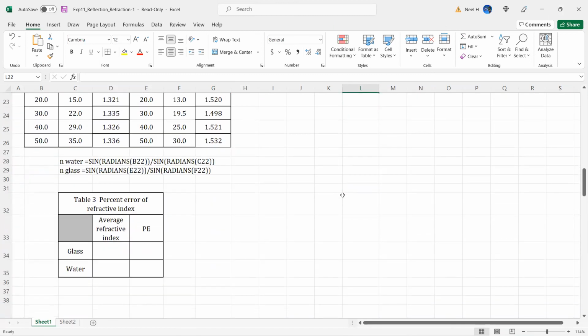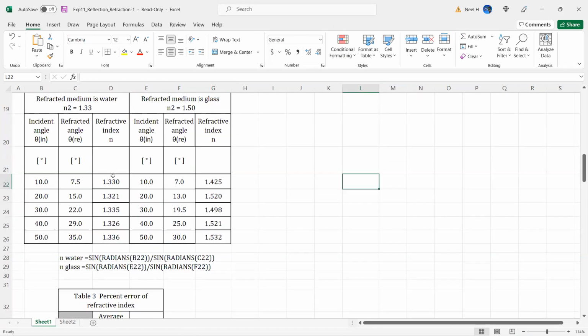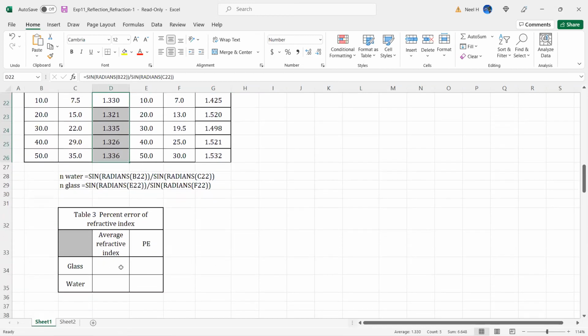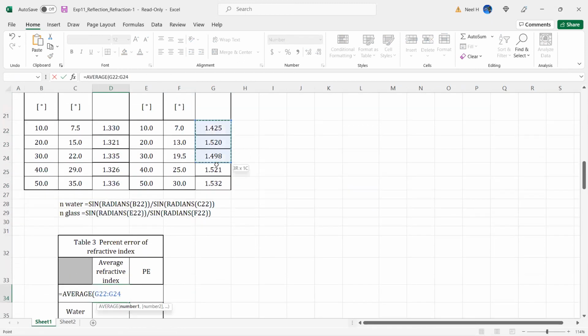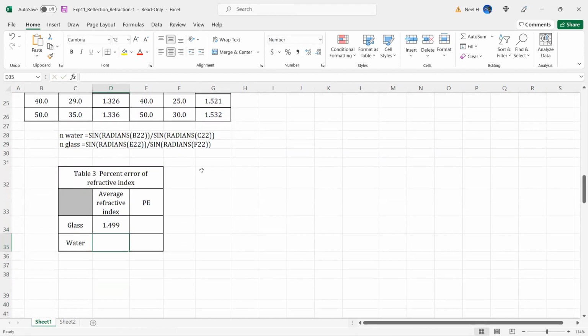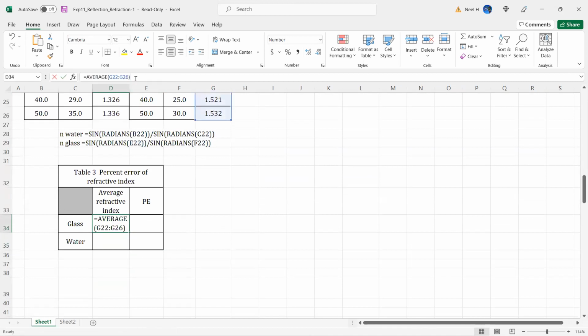Okay, since we have 5 data points, we calculated again and again for the same value. Usually if we do that, we're going to take the average, right? Let's do the average here, equal average command. And for glass, selecting all of these cells on table 2, column G, you can take the average.